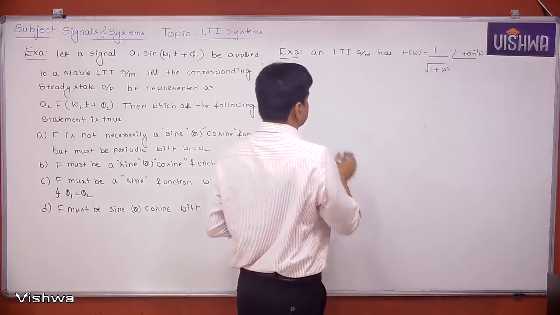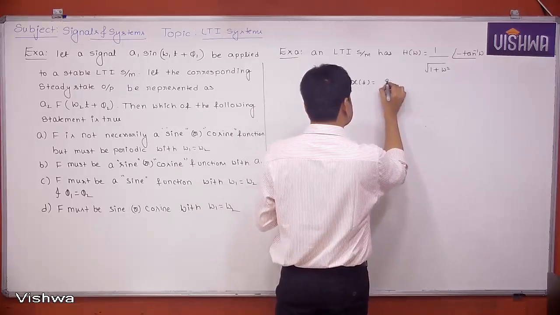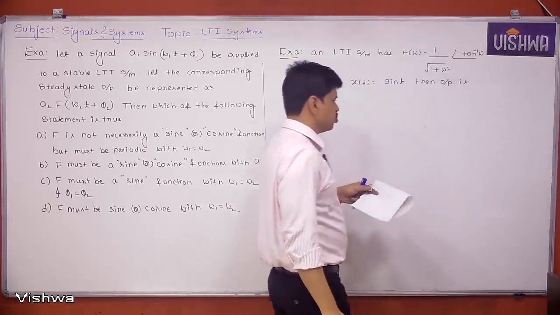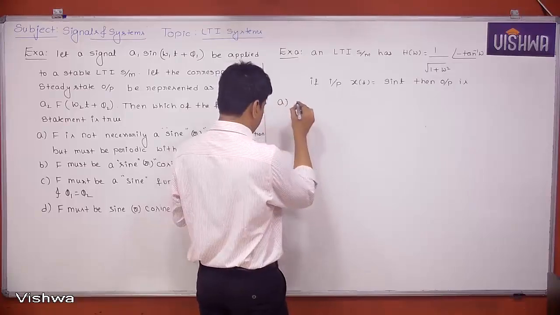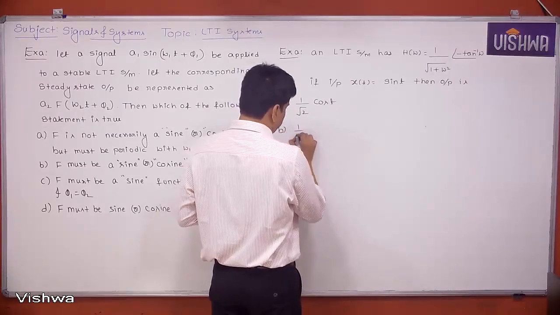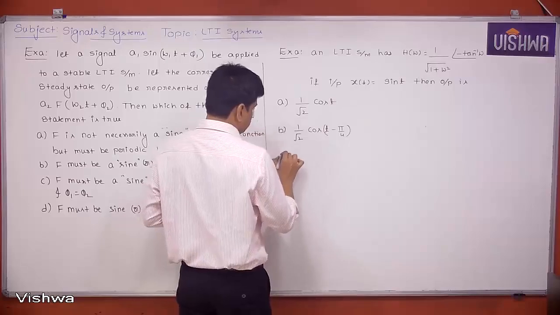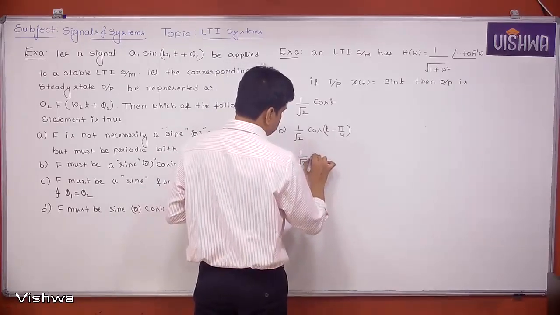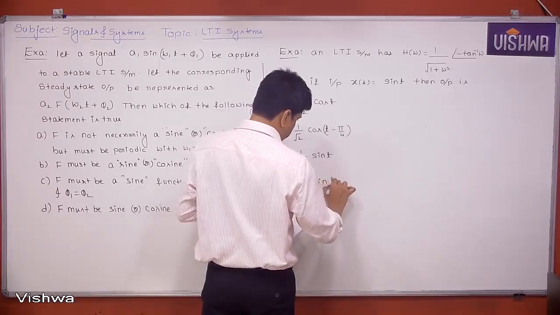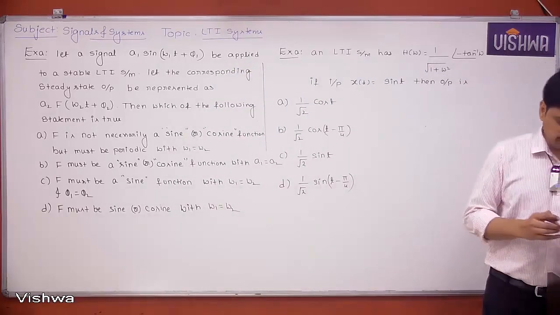If the input x of t is equal to sin t, then the output is: options: 1 by root 2 cos t; 1 by root 2 cos of t minus pi by 4; 1 by root 2 sin t; 1 by root 2 sin of t minus pi by 4. Which option is correct?